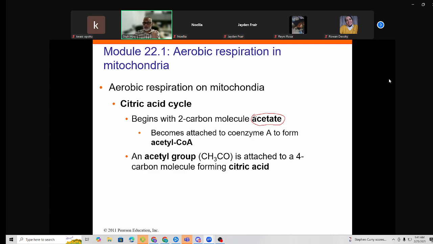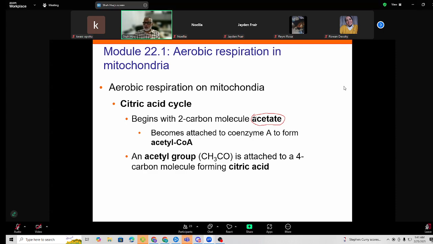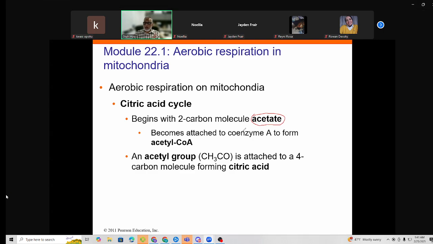It is converted from the pyruvic acid, which I said is the ultimate product of glycolysis. So when it enters the mitochondria, it is converted into acetic acid or acetate, and it combines there with the coenzyme A, and the ultimate product will be acetyl-CoA. This is the first reactant that is entering the cyclic reactions of the citric acid cycle.